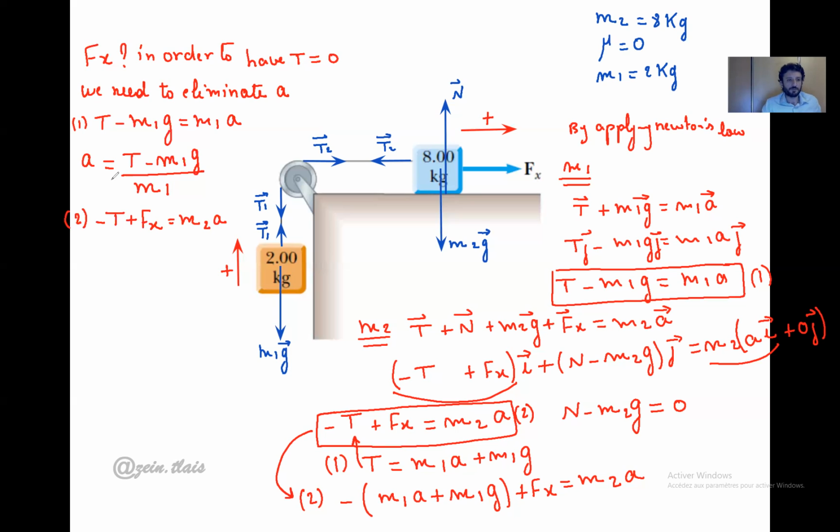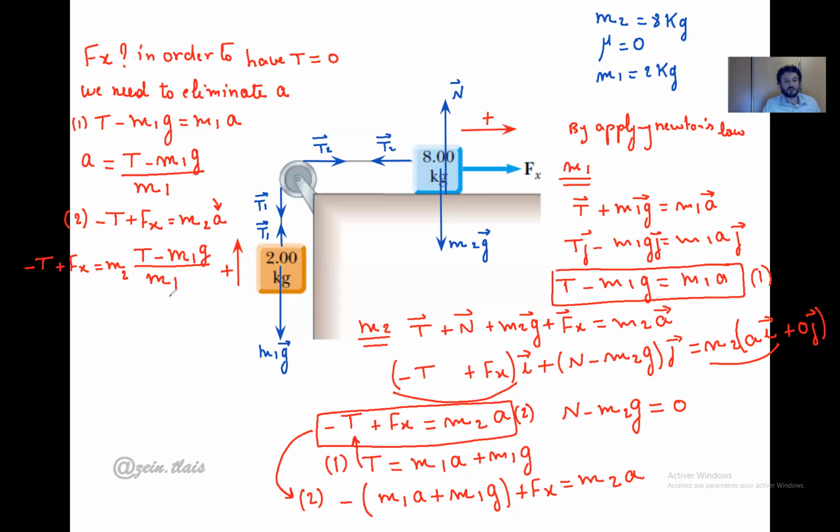Okay, we put the value of a here. We get minus t plus fx equal to m2 times a, m1 t minus m1g.